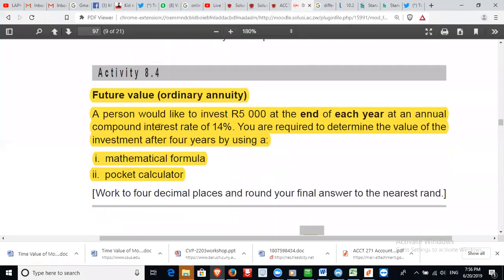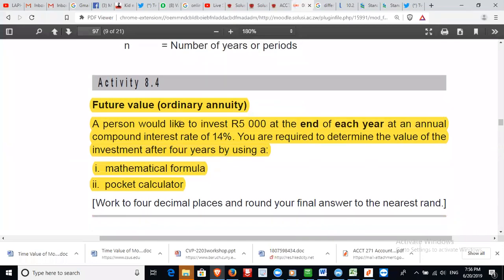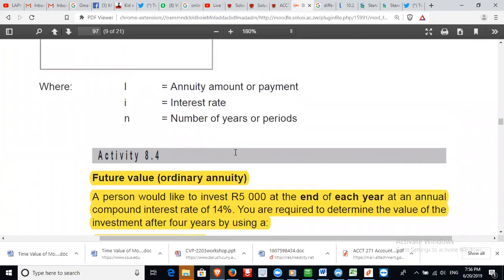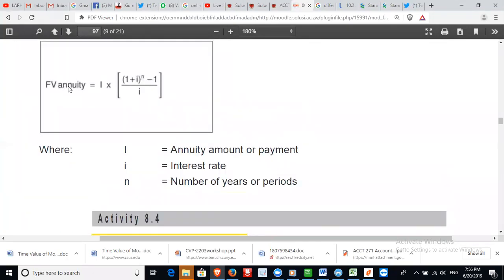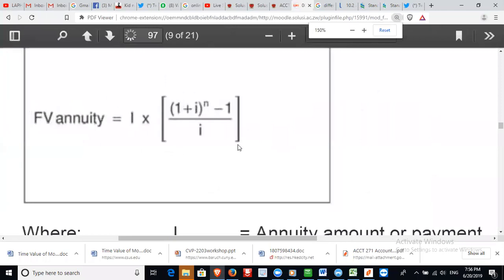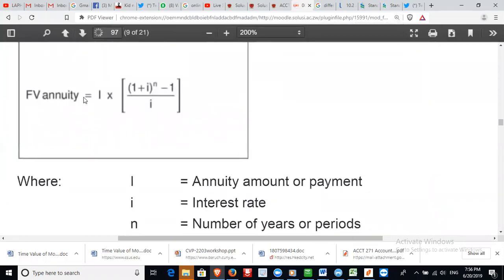All right, so I want you guys to calculate this future value of an ordinary annuity, where you are told a person would like to invest 5,000 at the end of each year at an annual compound interest rate of 14%, using this formula. So FV annuity, future value, is going to be I. Copy this formula: future value annuity is equal to big I multiplied by open bracket 1 plus small i to the power n minus 1 over interest.